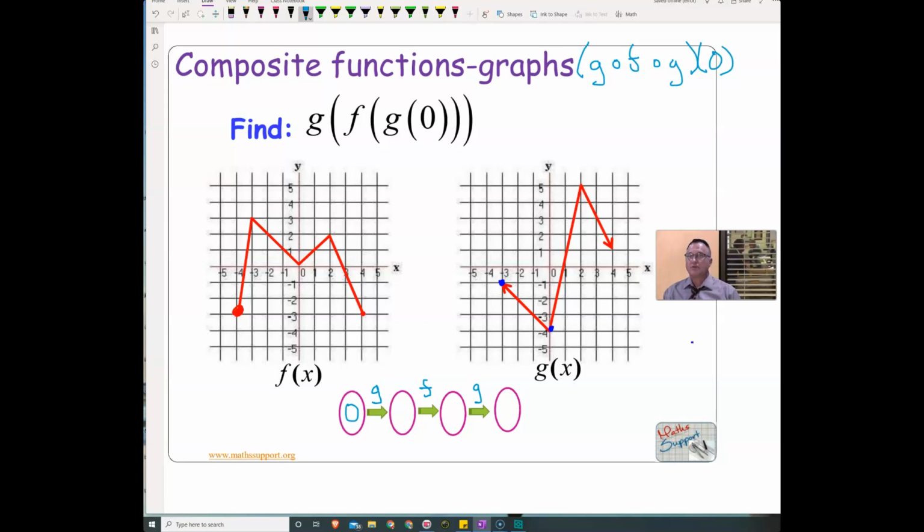All right, so when x is 0, G of 0 is -4. So this now would become G of F of -4, where I took out G of 0 and replaced it with -4.